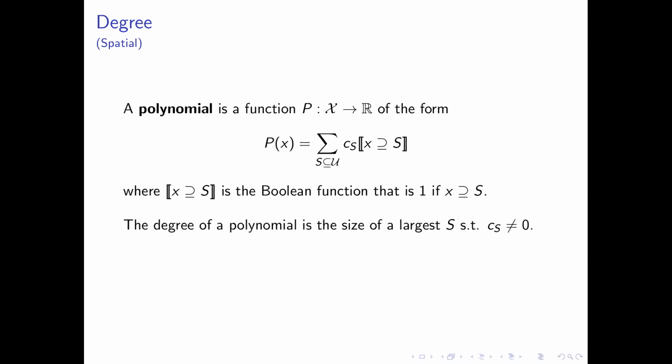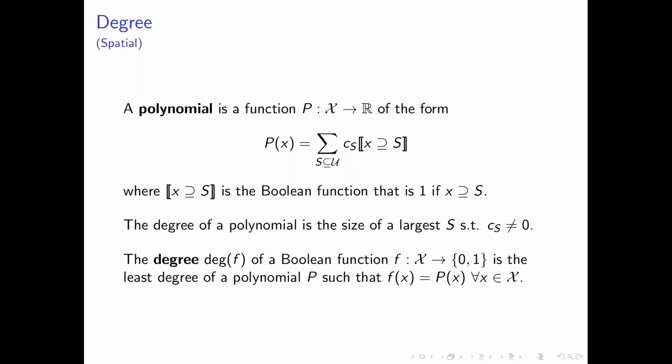The degree of a polynomial is the size of a largest S such that c_S is not equal to 0. Sorry, I'm getting ahead of myself, I didn't define what degree is yet, but now we have the proper definition.